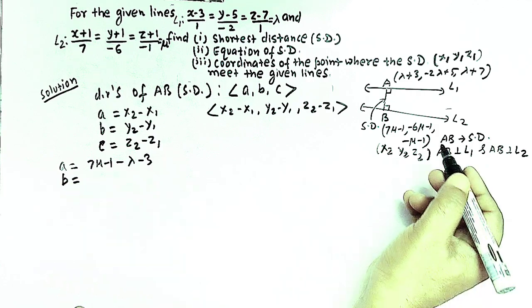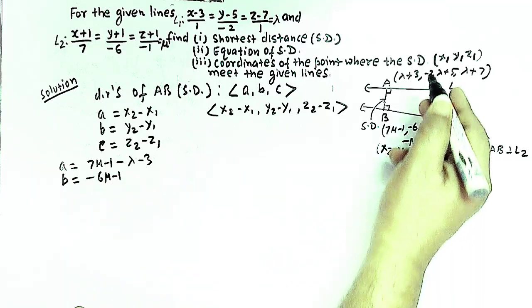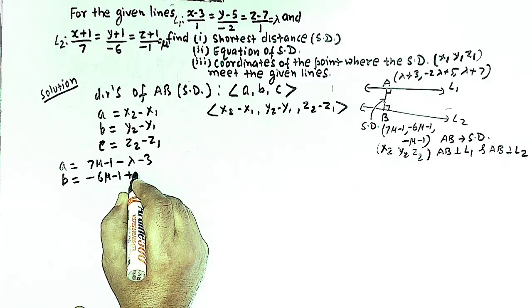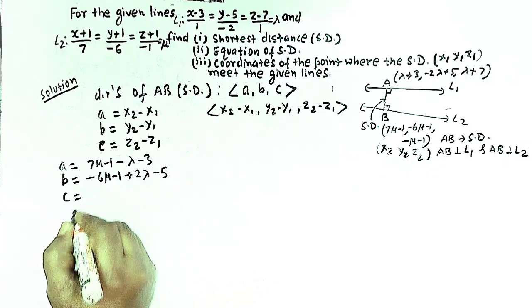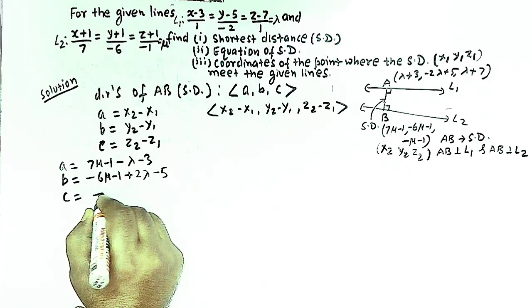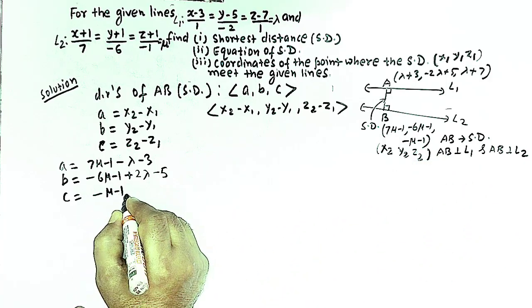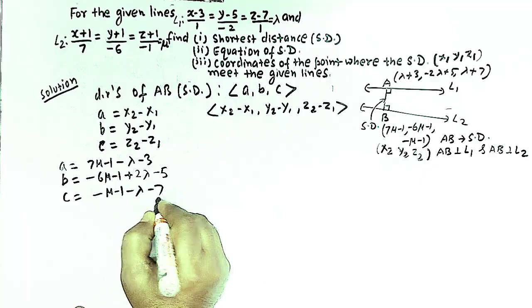B is given by minus 6 mu minus 1, then we have plus, here we have negative sign, so we have plus 2 lambda minus 5. And then C is given by minus mu minus 1, and then we have minus lambda and minus 7.